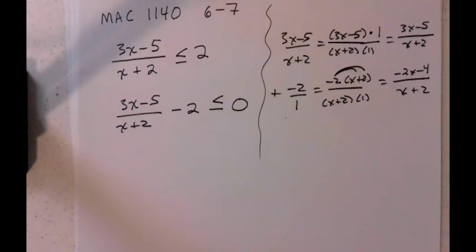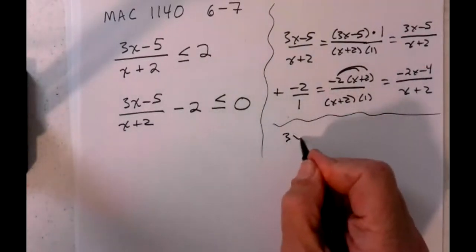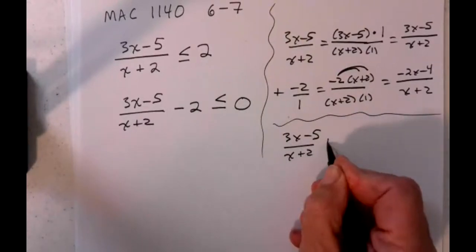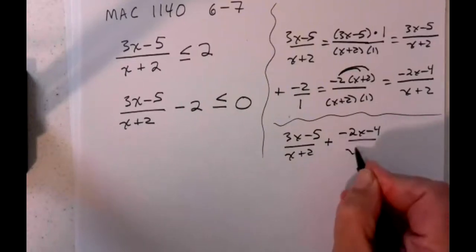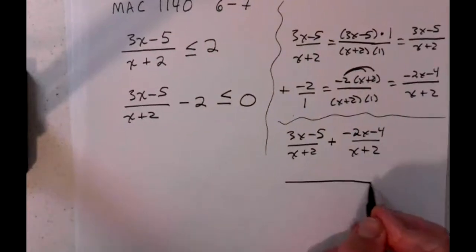So we're going to add these together, right? We take (3x - 5)/(x + 2) plus (-2x - 4)/(x + 2), which gives me everything over a common denominator. That was my goal.